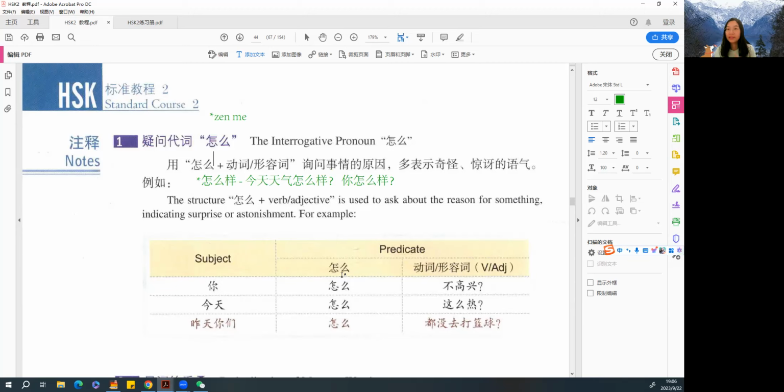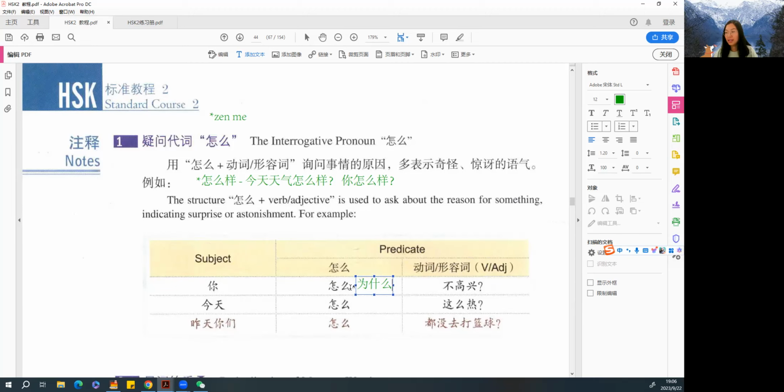You can replace the 怎么 with 为什么. These two will be exactly the same. So we can take a look if we replace 怎么 with 为什么. They are exactly the same question.